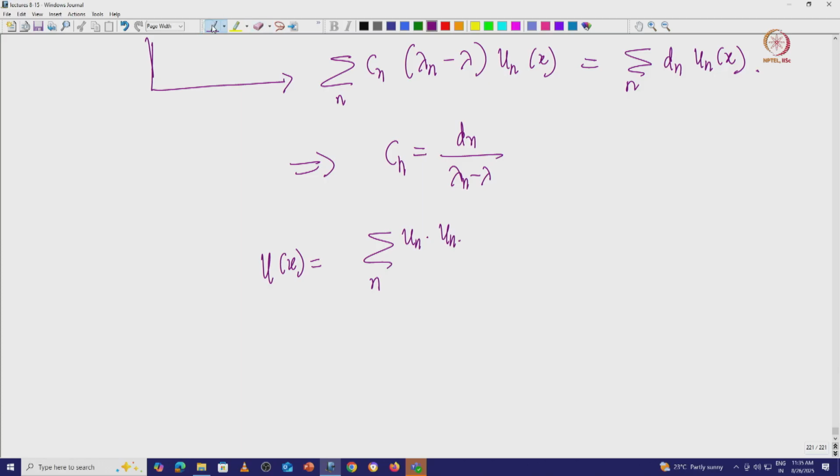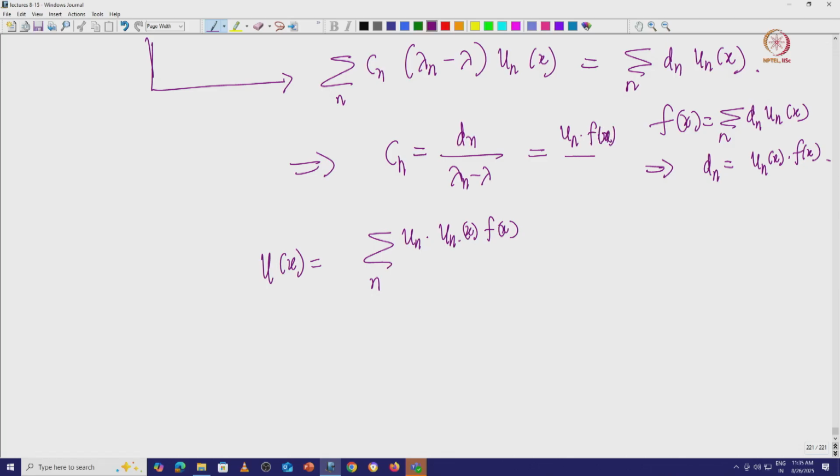Before that, I can write f of x is equal to sigma n dn un of x. This implies dn is equal to the integral of un of x into f of x, which is un dot f of x by lambda minus lambda n.